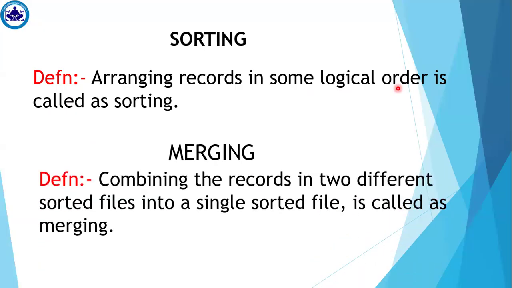Merging means combining the records from different sorted files and making a single sorted file. This operation is called as merging. So, students, in the examination, you have to write down only the definition of all the 6 data structure operations for 3 marks.